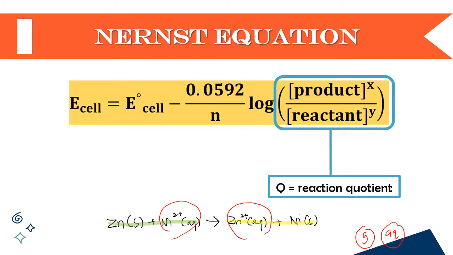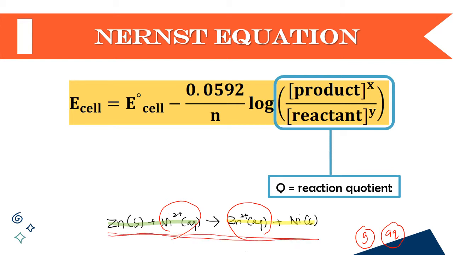A bit special for the Nernst equation, we're going to combine the partial pressure and also the concentration. So if inside your balanced equation you have gas, you will write it down over here as well. Later, I'm going to show you in one of the examples. So, coming back to this, how are we going to write down the quotient? Our Q over here is concentration of product over concentration of reactant. So you need to make sure that the equation over here is balanced.